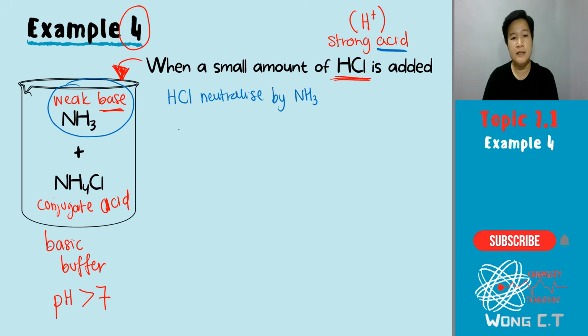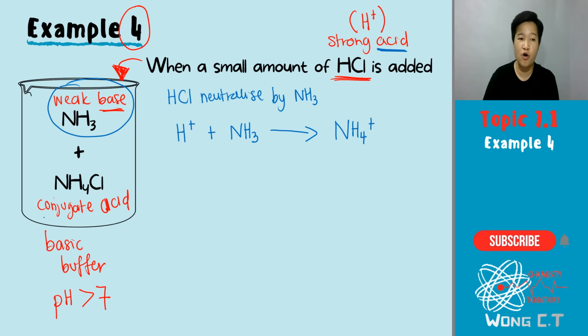Okay? And in terms of equation, your H+ that is produced from your hydrochloric acid will then be neutralized by the ammonia as a weak base in your buffer solution. And what do you think you will produce? Very obvious, your NH4+, which is your conjugate acid in your buffer.